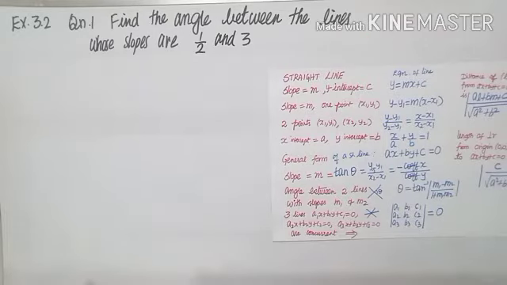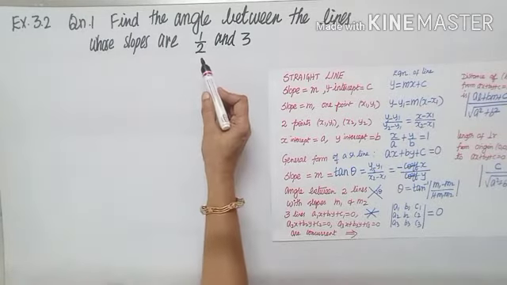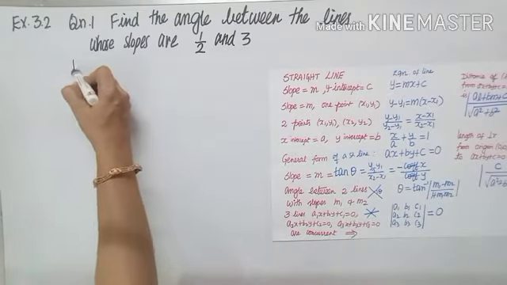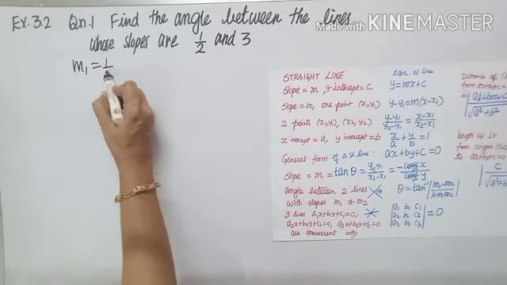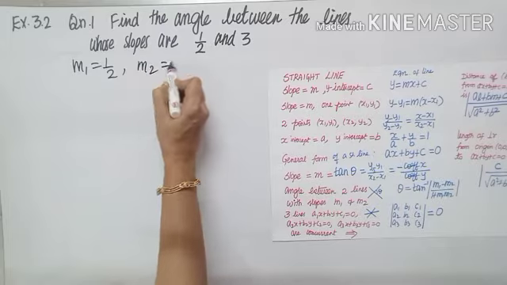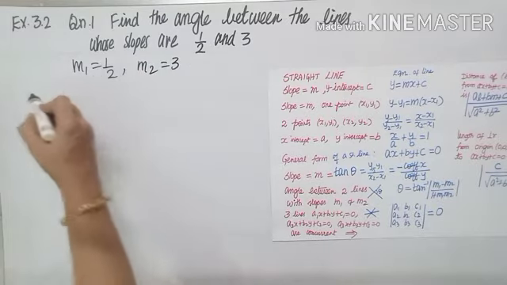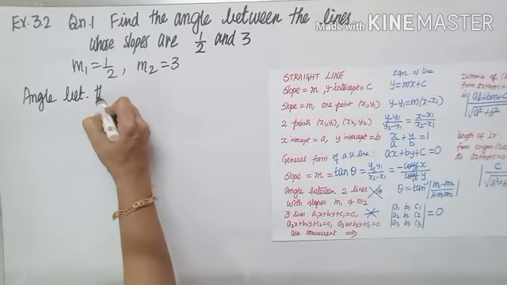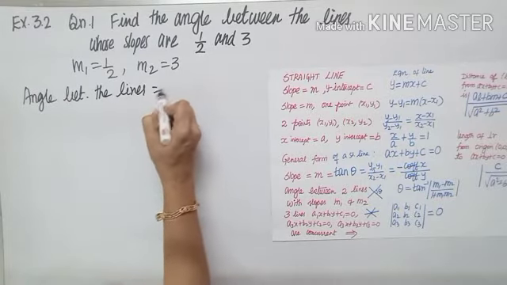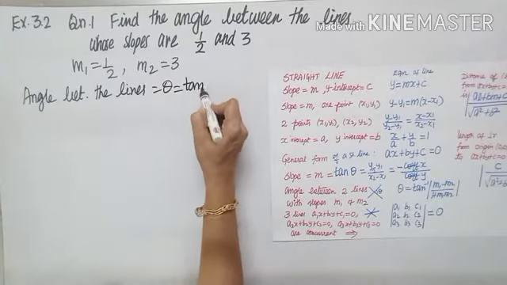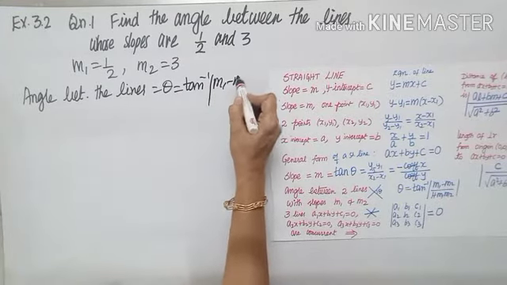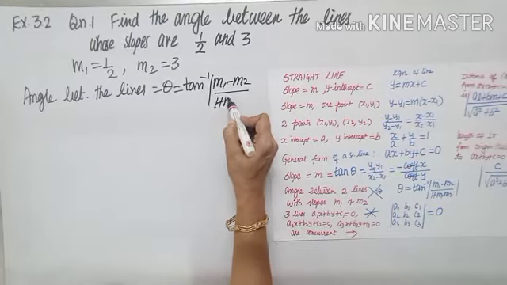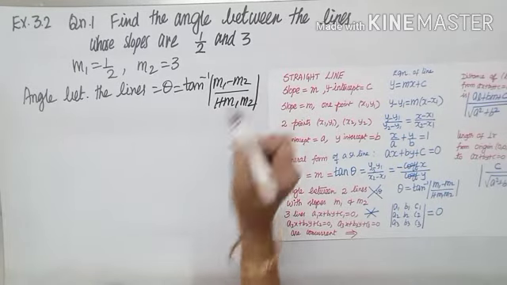Exercise 3.2, question number 1. Find the angle between the lines whose slopes are 1 by 2 and 3. Take the first slope as m1 and the second slope as m2. We know the angle between the lines, call it theta, and theta equals tan inverse of (m1 minus m2) by (1 plus m1 m2).